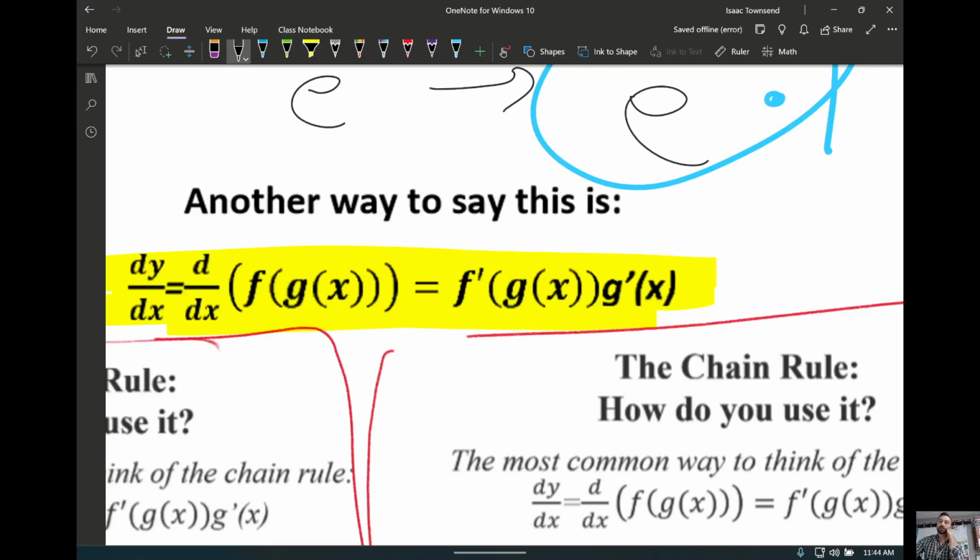This is saying if you want to take the derivative of a function plugged into another function, g is the inner function, f is the outer function, you're going to take the derivative of the outer part with the inner part plugged in times the derivative of the inner part.